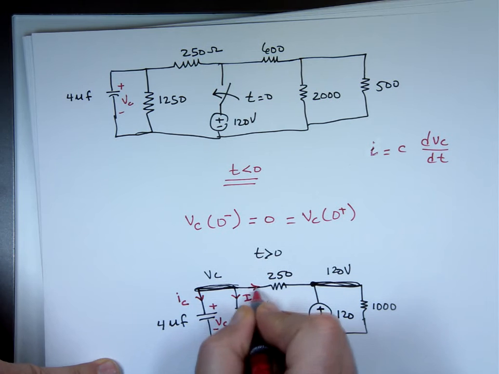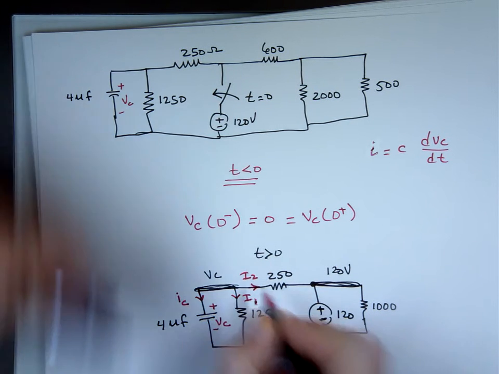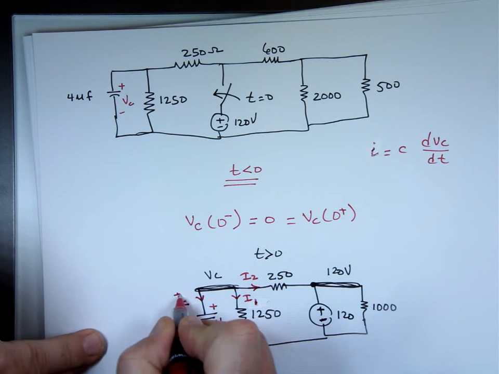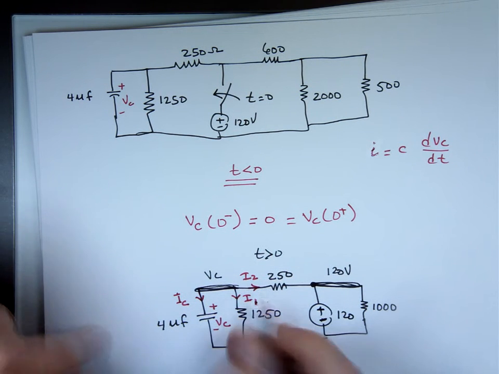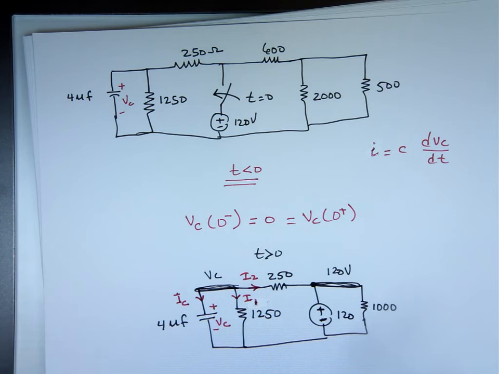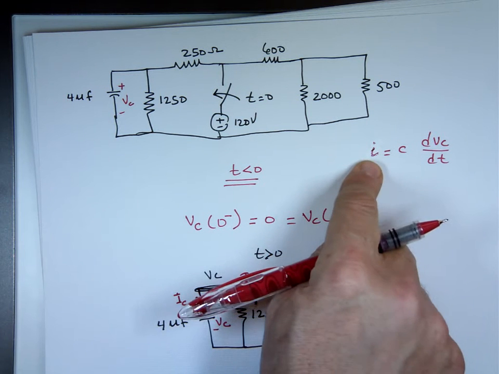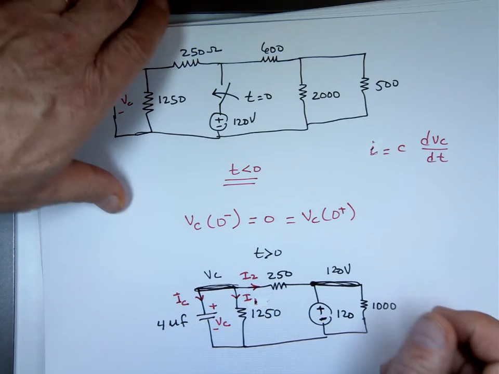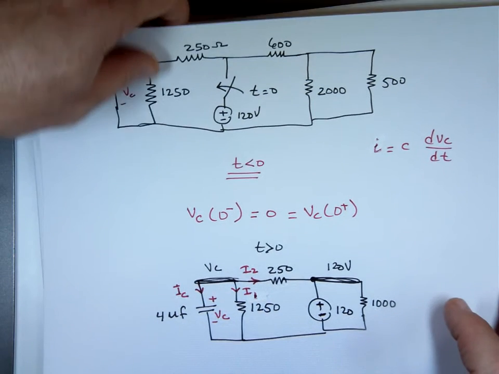Out. I2. So IC, I1, I2. I use capital letter because my eyes look like a C there. Notice it looks like a C, so I try to avoid using lowercase.